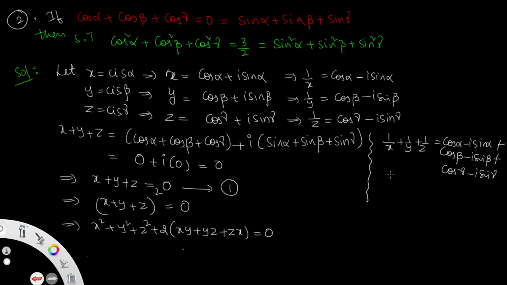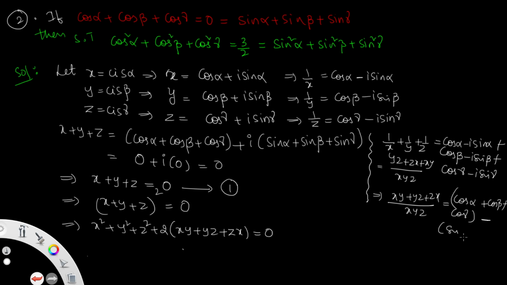Taking the LCM xyz, we get (yz plus zx plus xy) by xyz equal to (cos alpha plus cos beta plus cos gamma) minus i (sin alpha plus sin beta plus sin gamma).